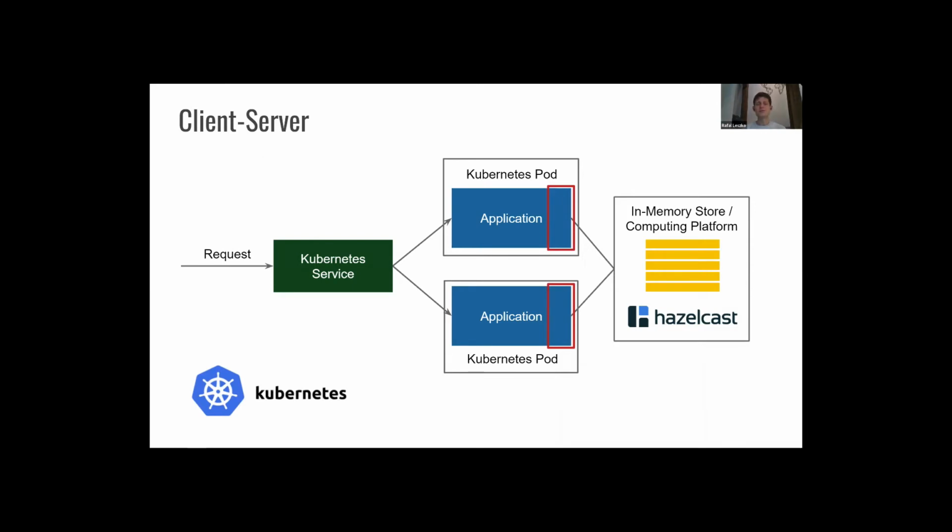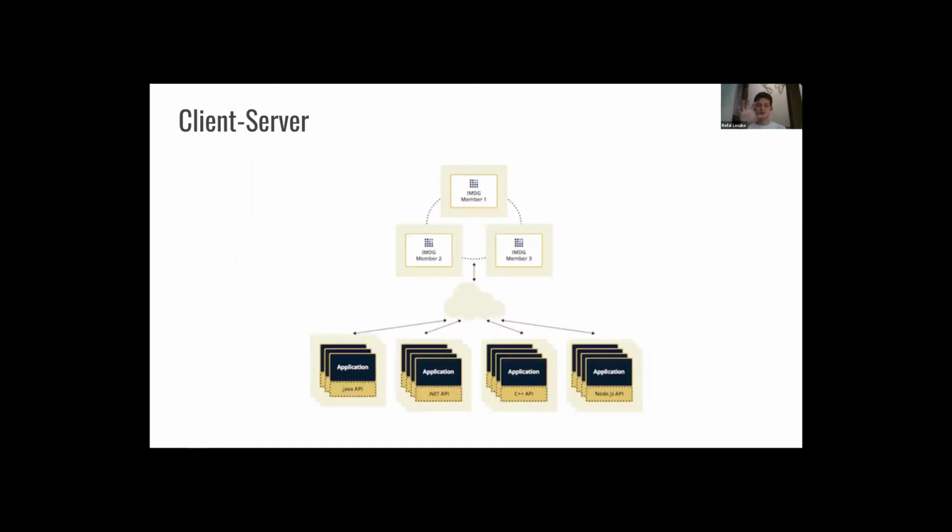And it is a very common pattern that you set up your database, and a lot of applications, a lot of services written in different programming languages, connect to this in-memory computing platform. That is what we see. It's very, very widely used. Now we are in this Kubernetes world. So how do we set it up? How do we set up Hazelcast and your application connecting to it?